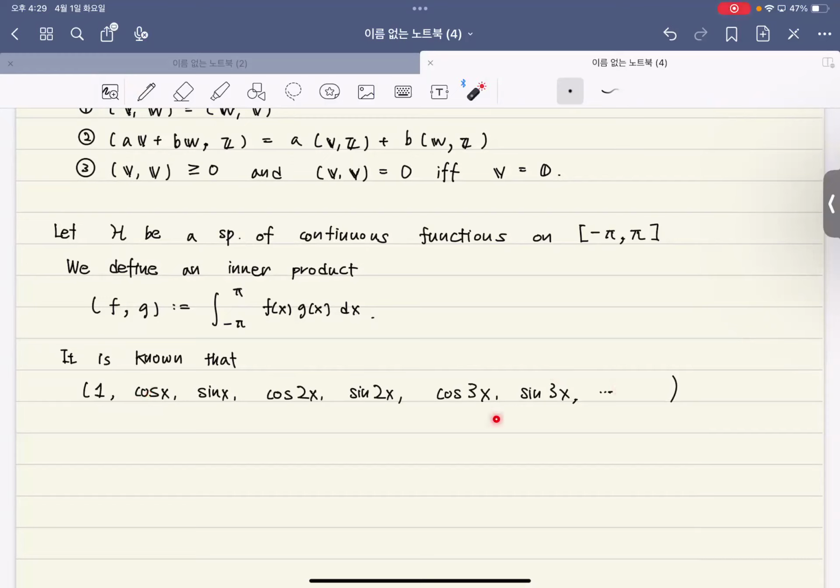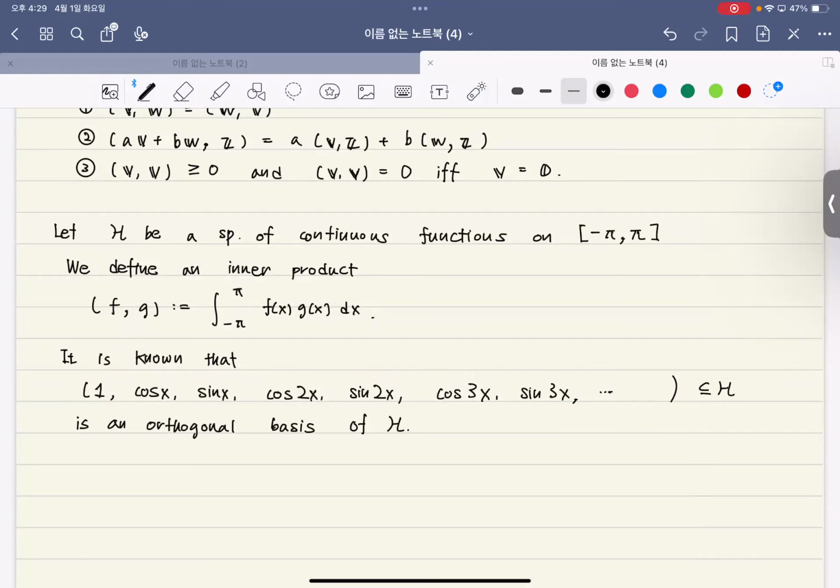So these are all vectors in the vector space H, right? Because they are all continuous. And these infinitely many vectors turn out to be an orthogonal basis. This is a very interesting fact, which I can prove right now.